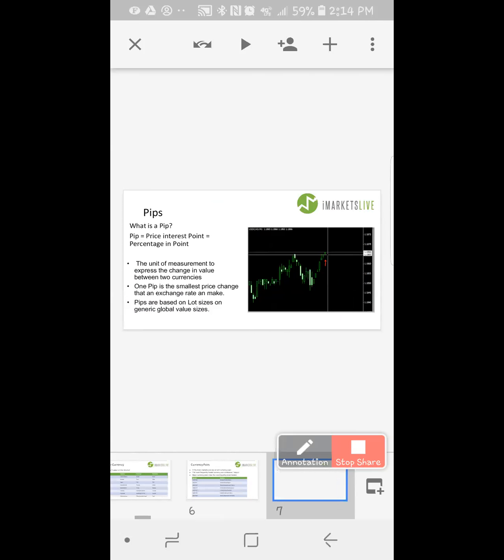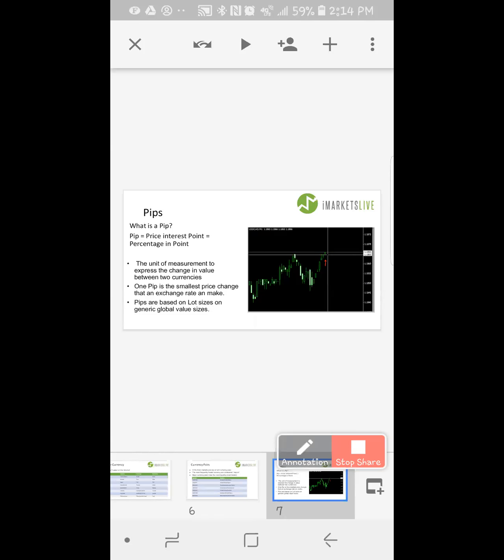Okay. Now, what is a pip? The best way I understood this, besides looking at the technical definition that is given, I looked at a pip as a point. And I can tell the market how many points I want that pip to be.